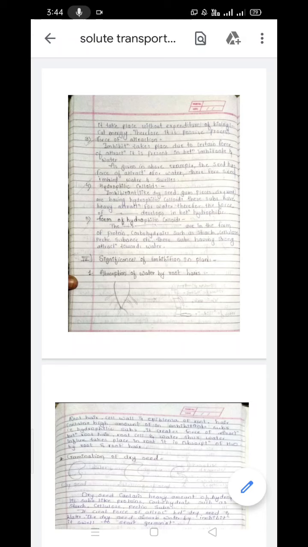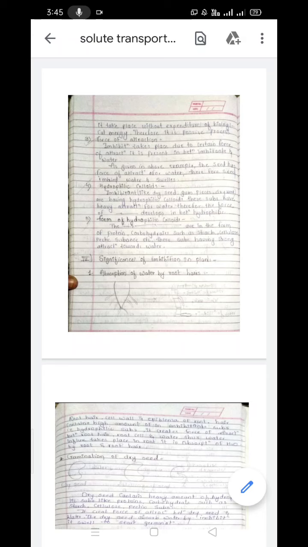तो रूट में क्या होता है कि जो रूट के ऊपर रूट हेयर्स प्रेजेंट रहते हैं, जो रूट का सेल वॉल है, एपिब्लेमा मतलब जो आउटर लेयर रहता है रूट का. सो दिस ऑल कंटेन द हाइड्रोफिलिक सब्सटेंसेस. हाइड्रोफिलिक सब्सटेंसेस कैन क्रिएट द फोर्स ऑफ अट्रैक्शन.